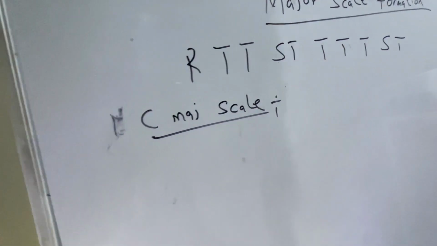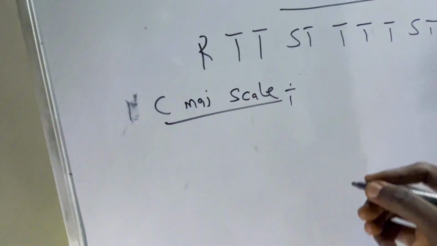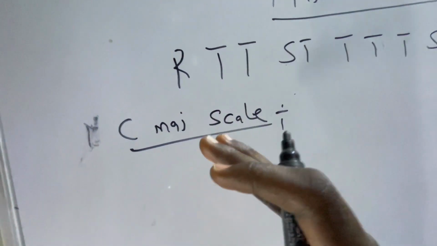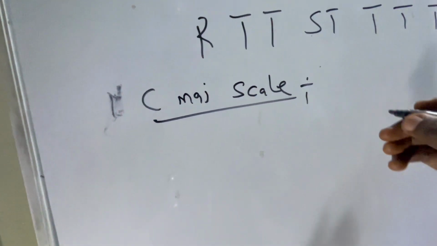I've shortened it. Because it's key C that you have to form the major scale from, you start with C.